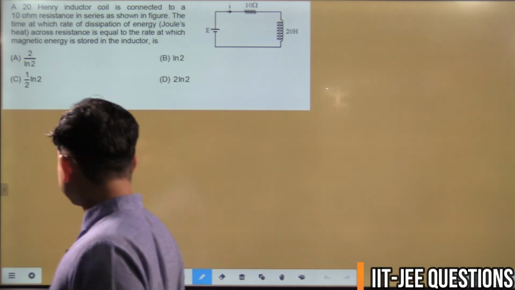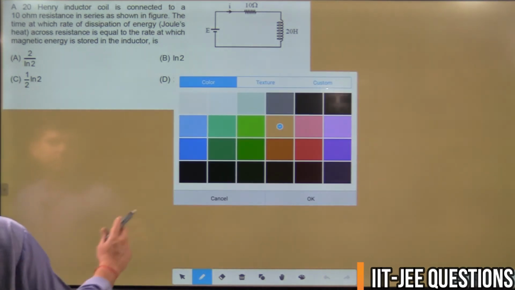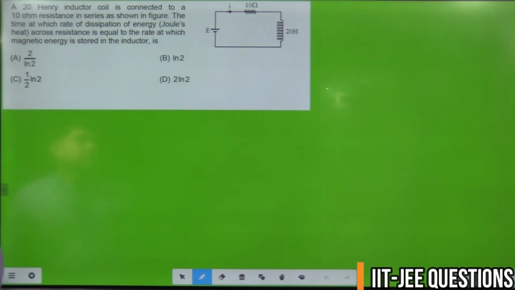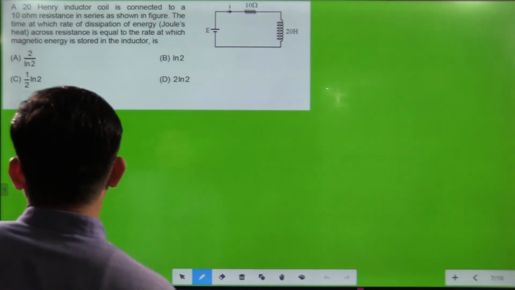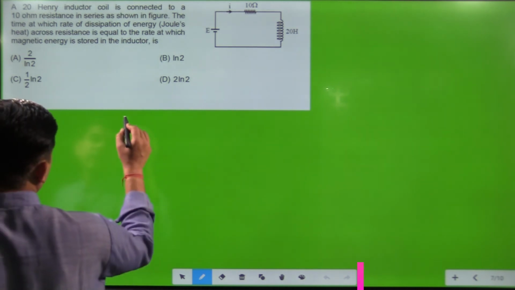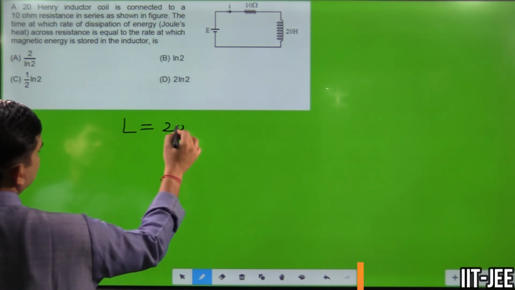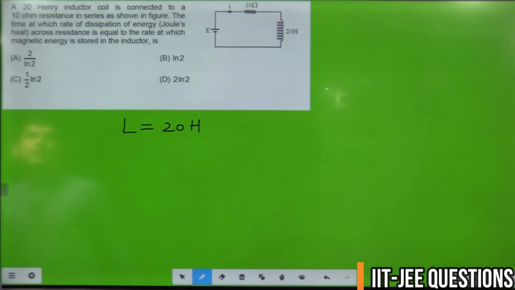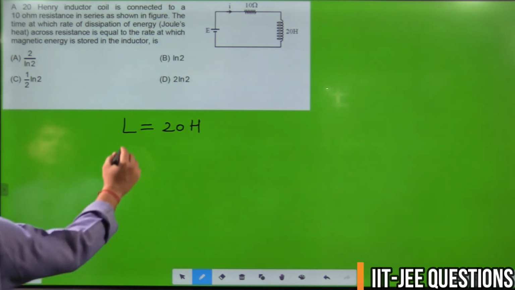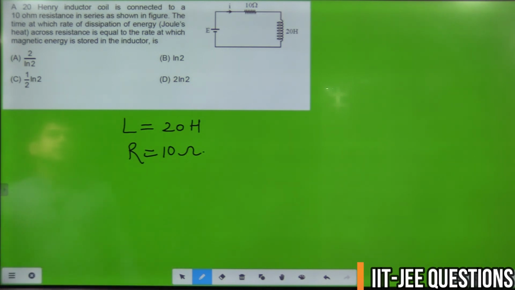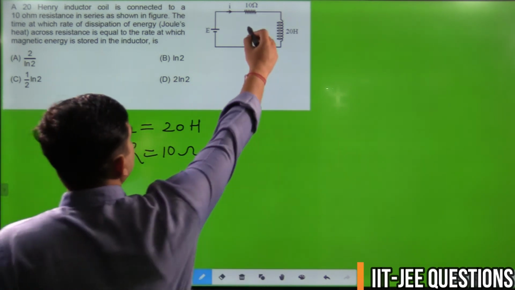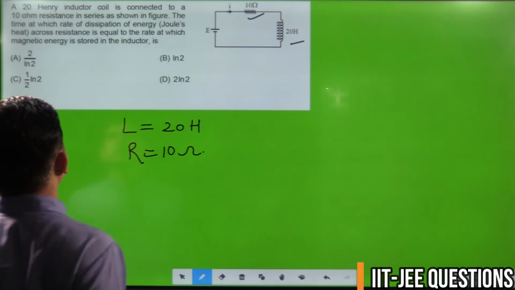Next, a 20 Henry inductor coil, meaning L is 20 H, is connected to a 10 ohm resistance, R is 10 ohm, in series as shown in the figure.